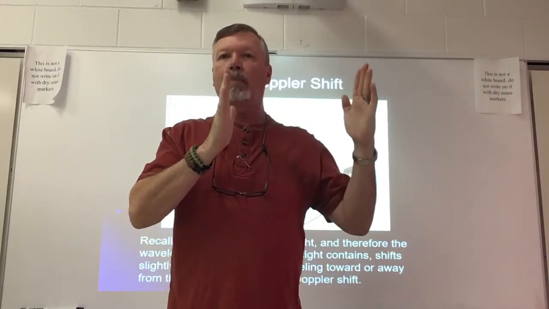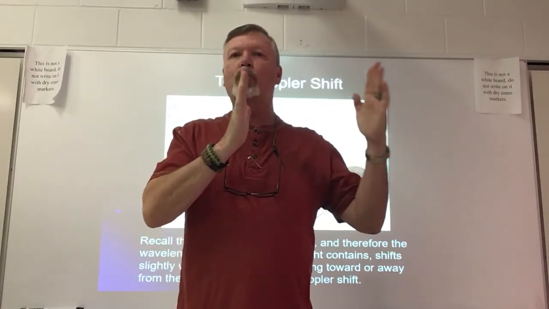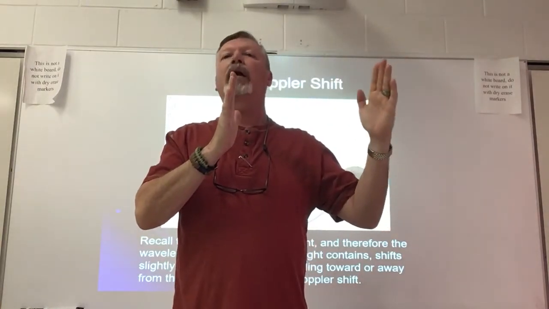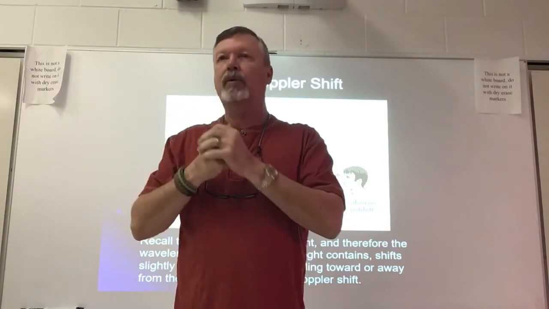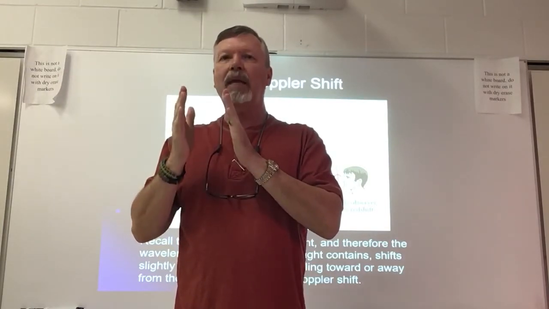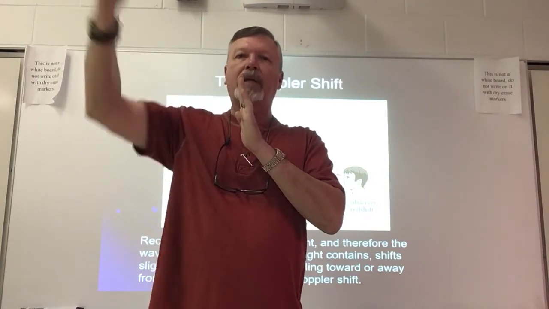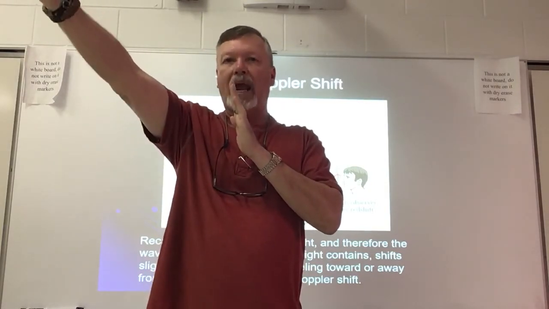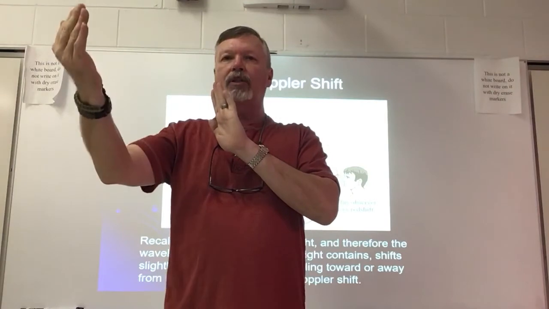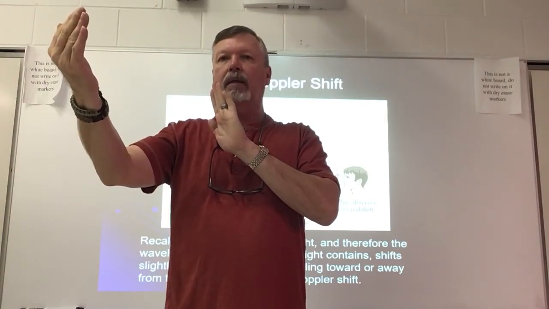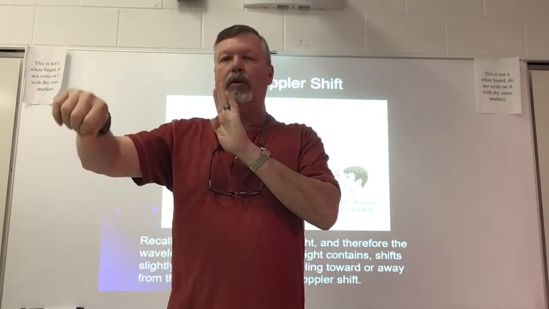If the spectrum is shifted into the red end of the spectrum, that's telling me that the galaxy is moving away. Because if the galaxy is moving away, that means the wavelengths of the light are longer. Therefore, the frequency is lower, the energy is lower.